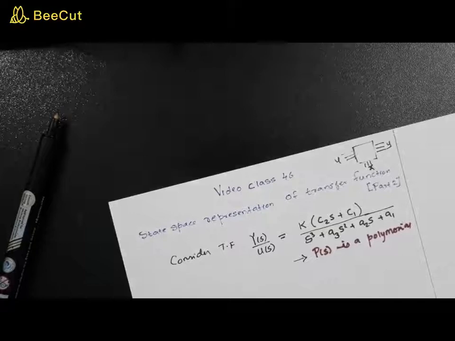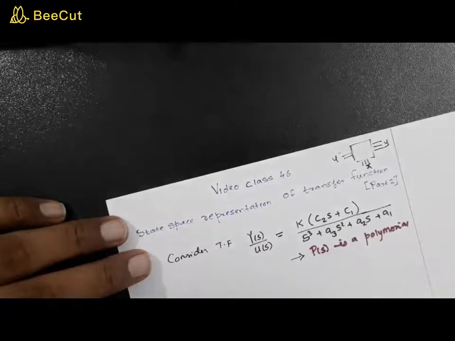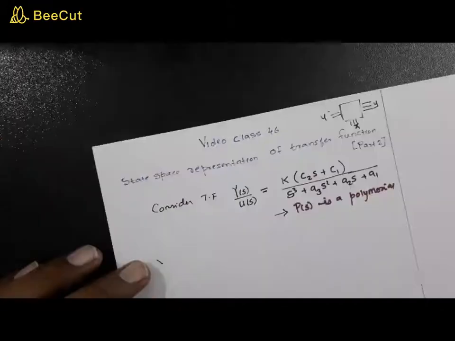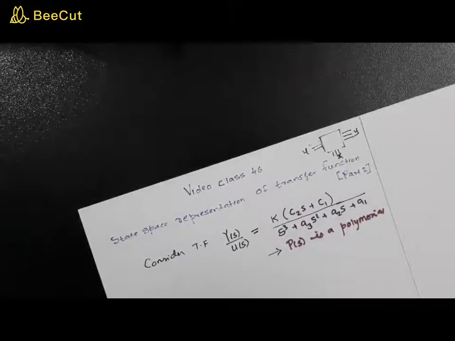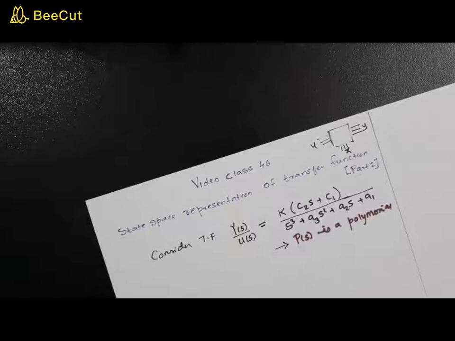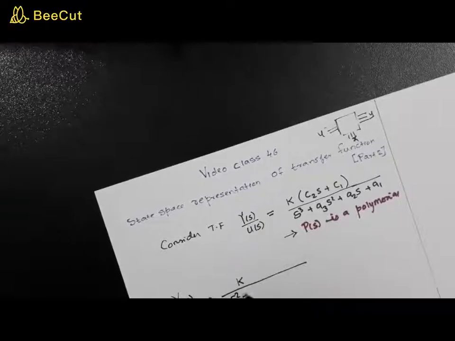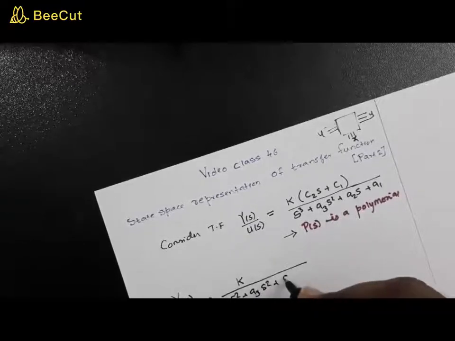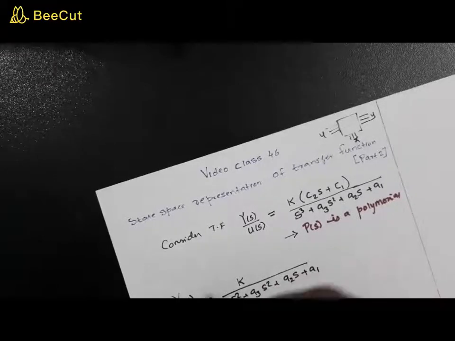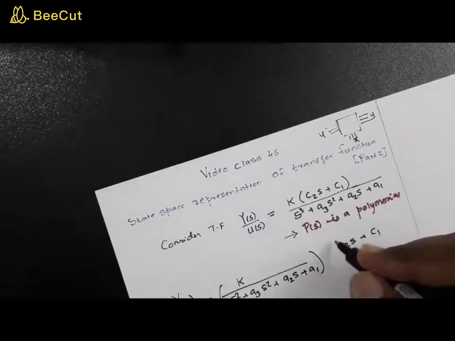Okay, now you can decompose this transfer function and represent this as y of s to u of s as a product of two polynomials, say constant divided by s cube plus a3 s square plus a2s plus a1, all into c2s plus c1, right?